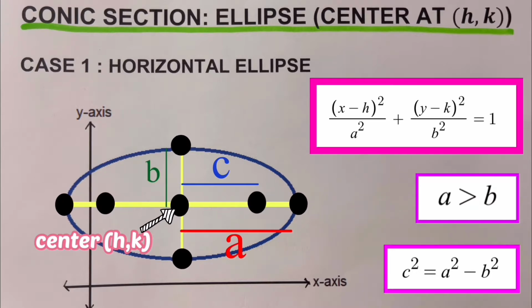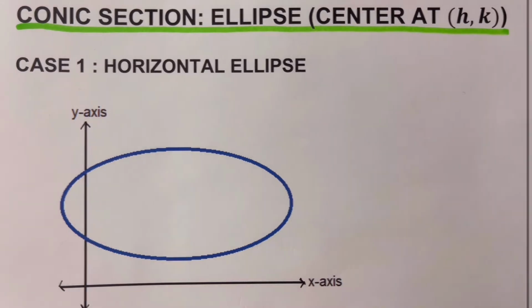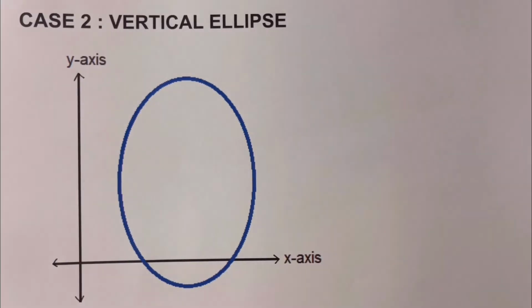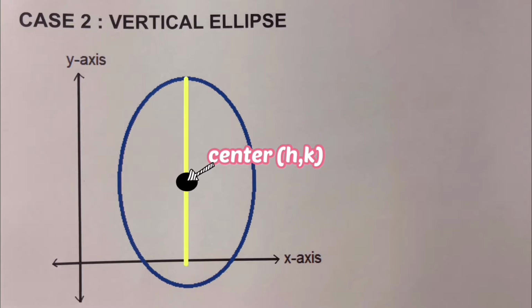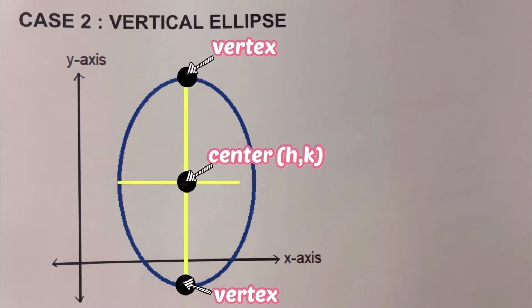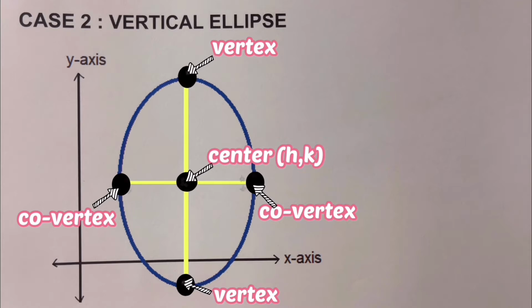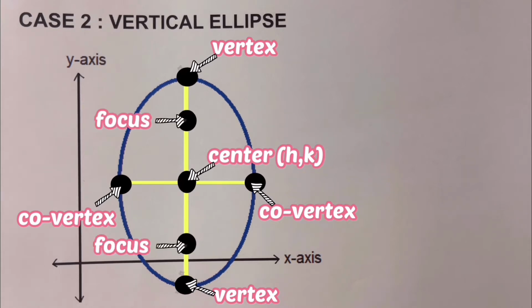Now, let's look at the second case of an ellipse, the vertical ellipse. We pretty much have the same parts. We have the center, the major axis, the two vertices, the minor axis, the two co-vertices, and the two foci.